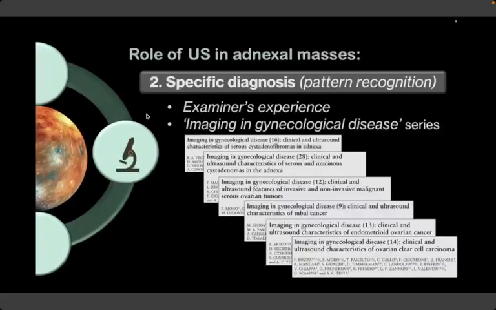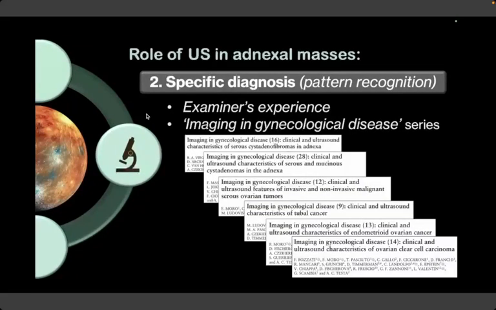The second step in the ultrasound evaluation of adnexal masses is the assessment of the specific histotype of the lesion, which we call sonopathology. Again, the expert examiner can rely on his experience and identify the ultrasound pattern recognition of the different adnexal lesions, or we can refer to the literature.